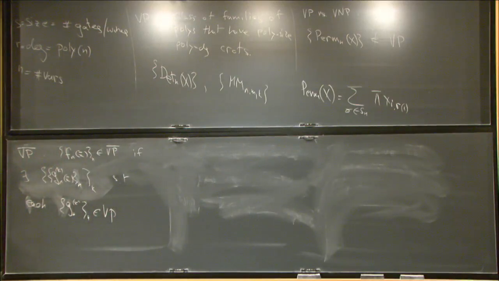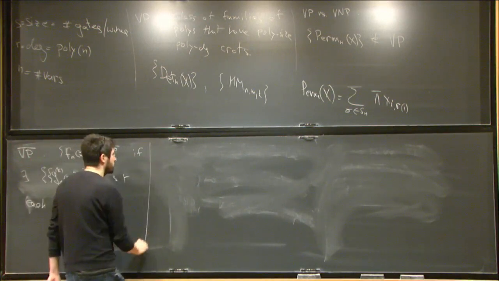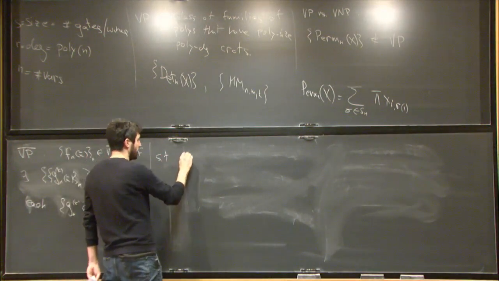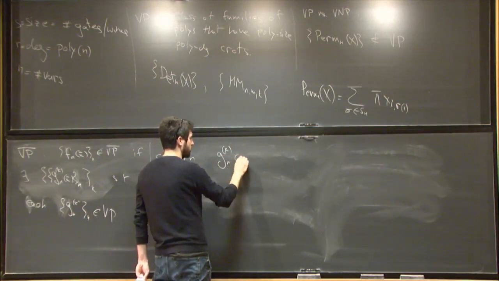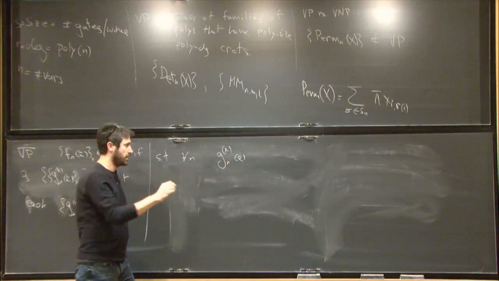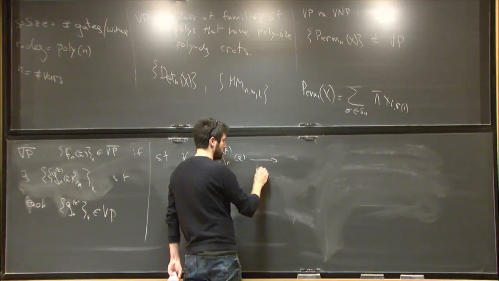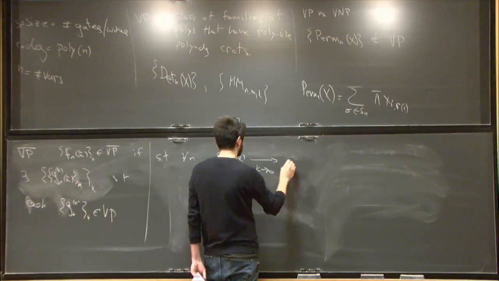So we have a collection of families in VP, such that for every n, if you take those polynomials and take k to go to infinity, you get your polynomial.